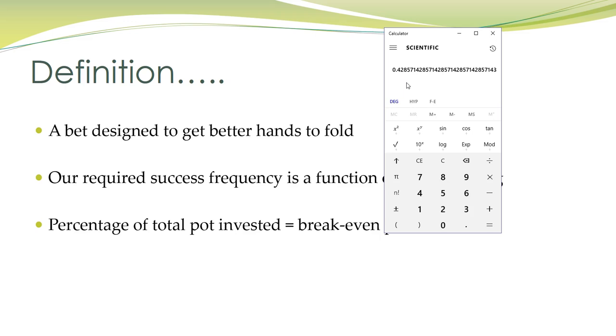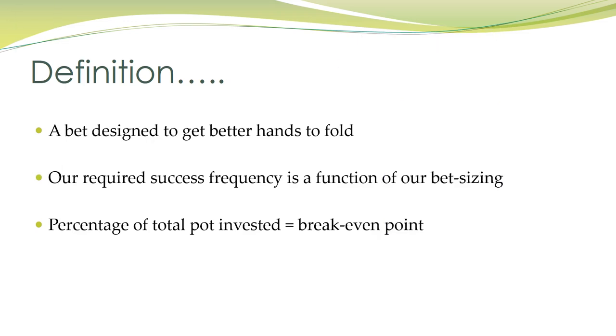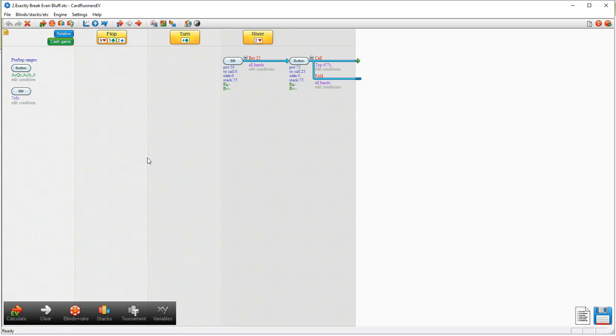On the earlier streets, we're usually still going to have live equity when we bluff. And we can refer to these as semi-bluffs, but for simplicity's sake, we're going to assume that we have 0 equity, because we're just thinking about bluffing on its own first of all, before we merge it with other concepts such as our equity. Now let's just have a look at that depicted in our EV calculation software, CardRunner's EV.